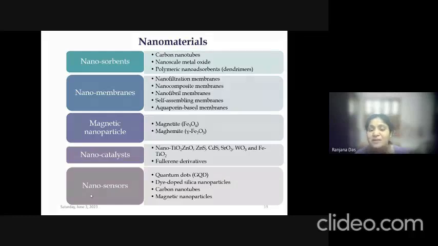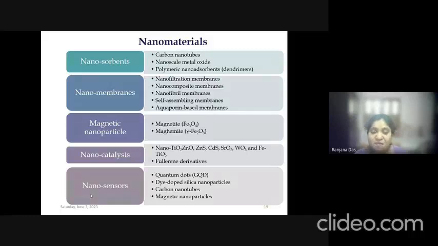So nanosorbent, in this category, we have carbon nanotube, nanoscale metal oxide, and polymeric nanoabsorbent, or these are sometimes called the dendrimers. In nanomembrane, the nanomembranes means membrane modified with the nanoparticle or nanofiltration membrane, nanofibril membrane, self-assembling membrane, and obviously an aquaporin based membrane, which is a biomimetic membrane.